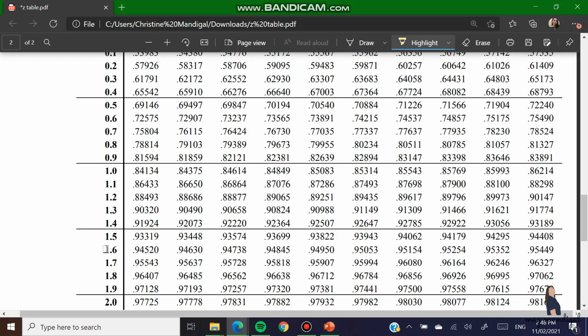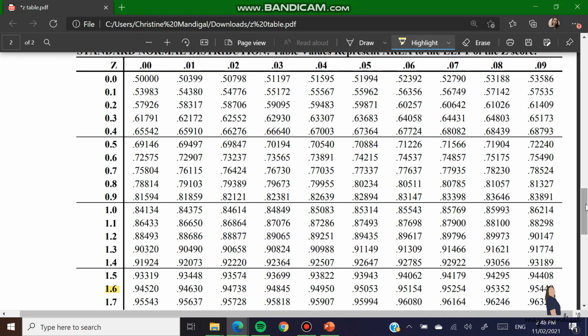Let's highlight that one. Since what we want is 1.68, you have to look at the first row again. We have here the second decimal place, 0.00, 0.01, 0.02, up to 0.09. Since what we want is 1.68, the second decimal place will be 0.08. So this one right here.